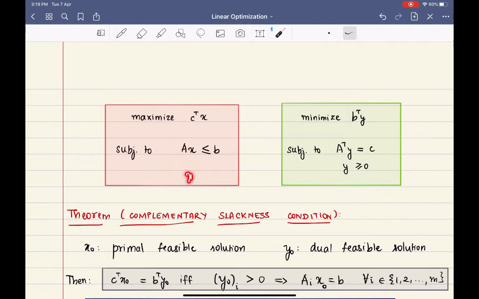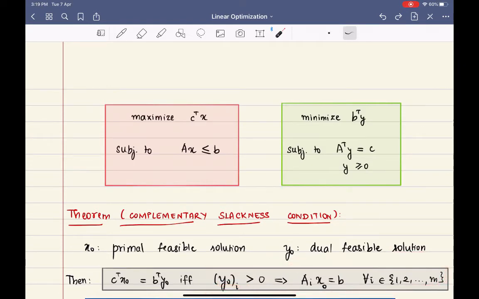So let's once again take x0 and y0. This theorem says that C transpose x0 equals B transpose y0 if and only if a certain condition is true. What is this?